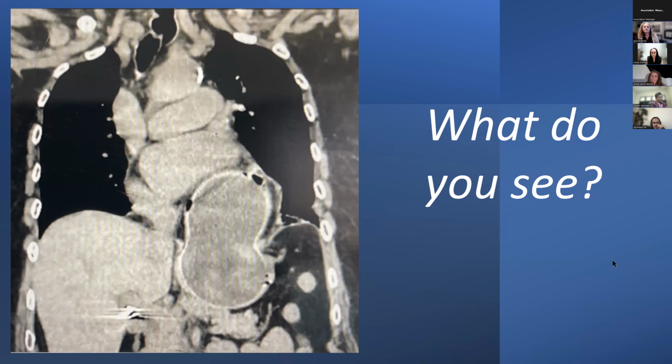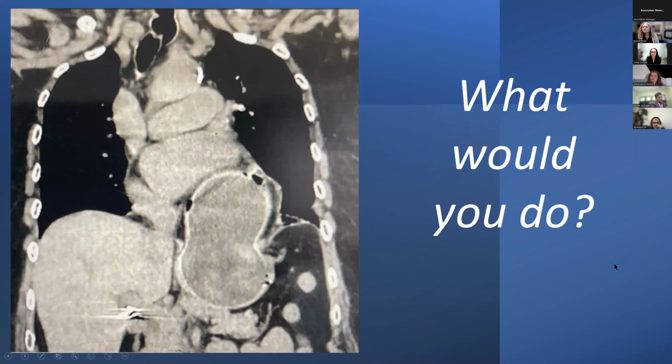If I feel this patient is hemodynamically stable and not sick, I would scope her in the endoscopy unit. If this patient shows any signs of gastric ischemia or the patient is sick, I would take her to the operating room and scope her there.